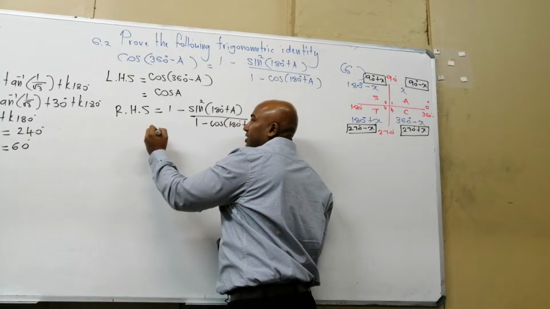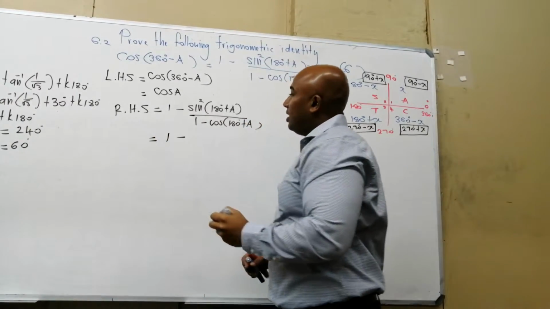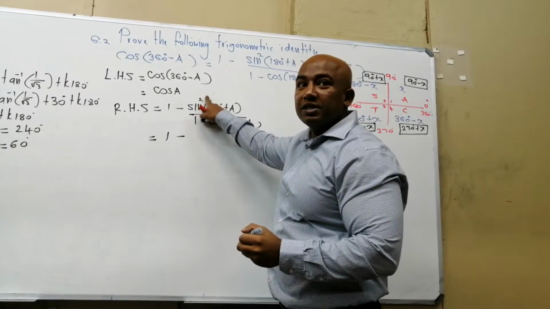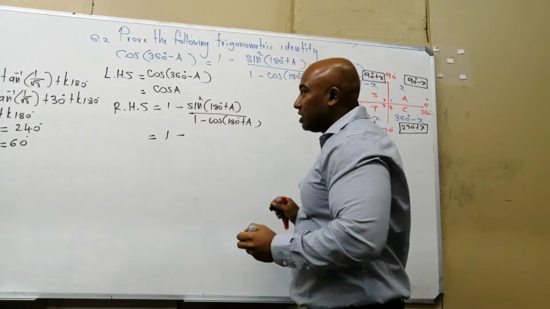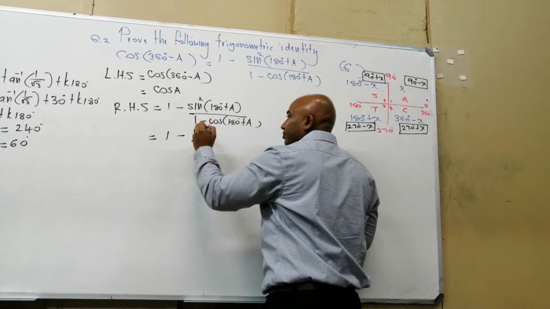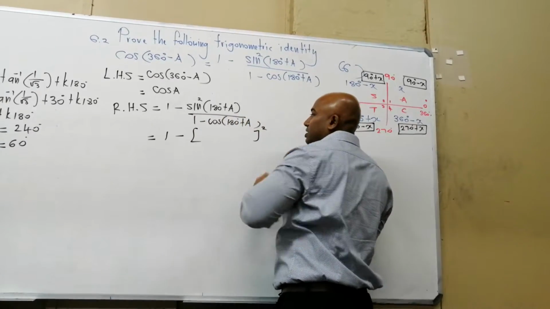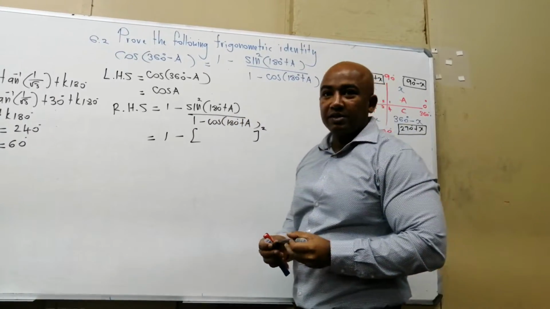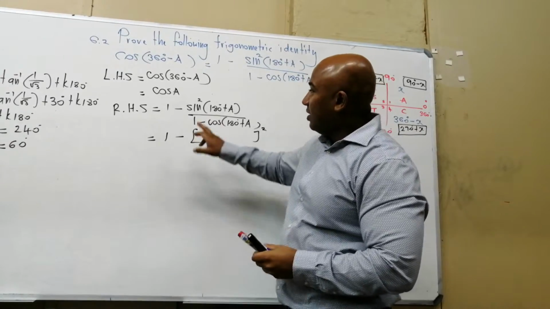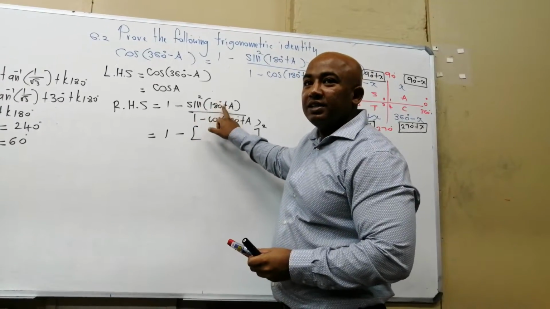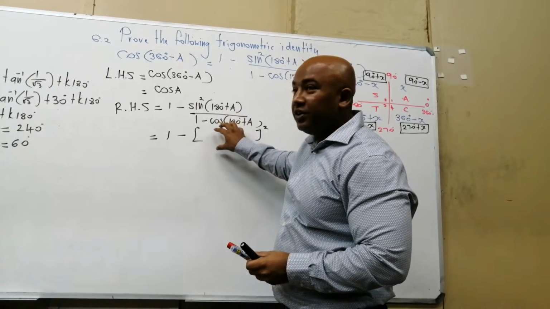So let's simplify. We got 1 minus. Now, when you have an exponent, don't get confused. Introduce a bracket here, and there's your exponent now. So what are you actually looking at? You are actually looking at sine of 180 plus a. You're going to write down your answer there.